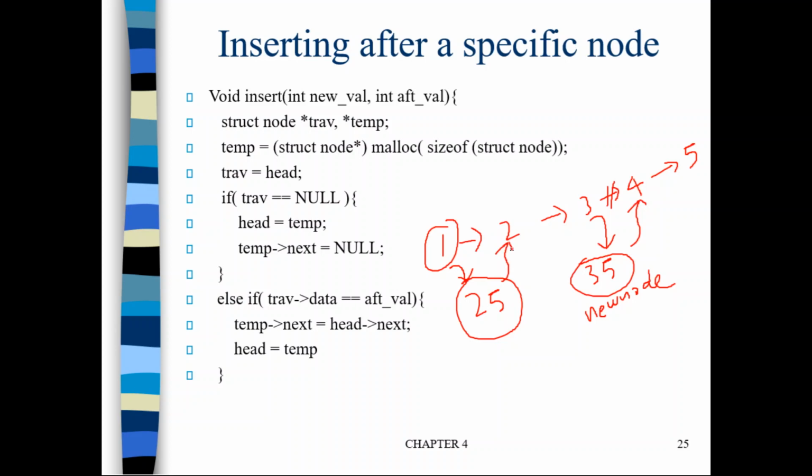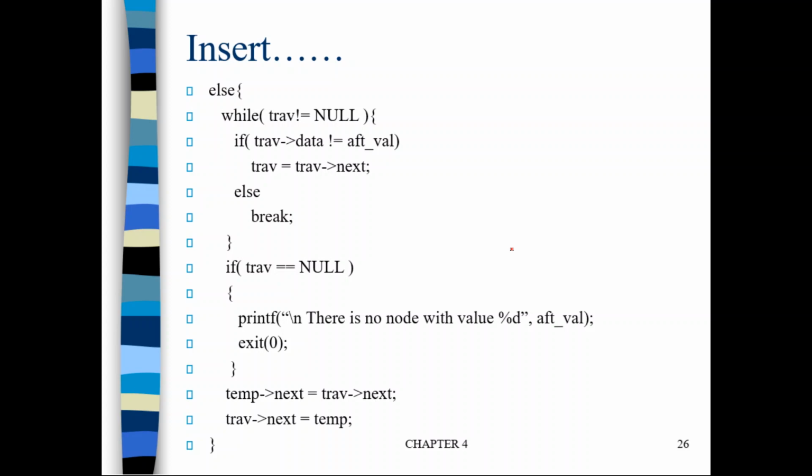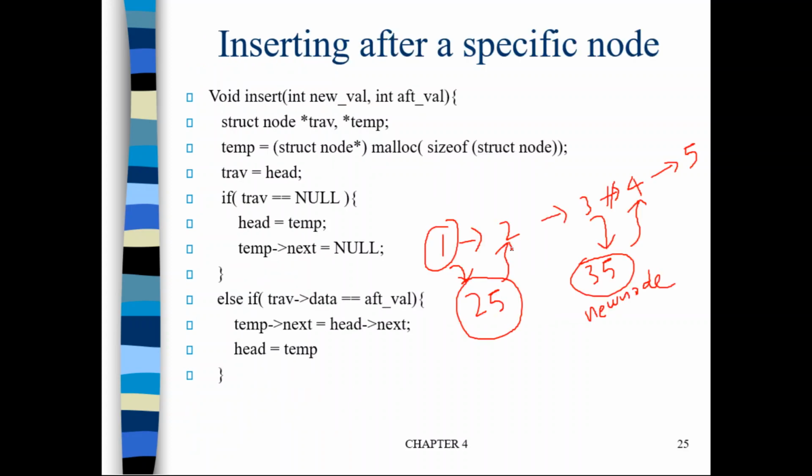That is, the first node's next pointer should point to the new node, and the new node's next pointer should point to the node which was previously pointed to by the first node.